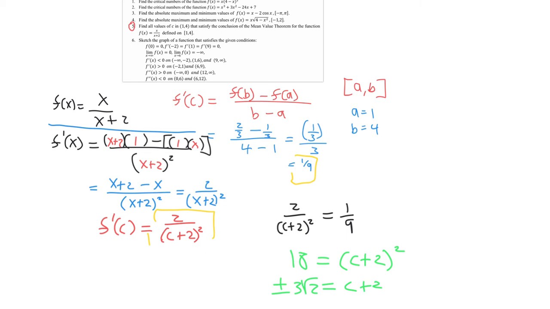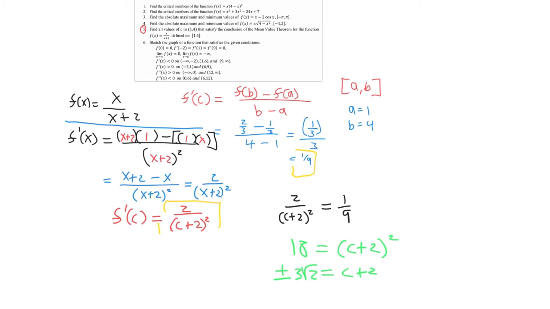Let's subtract 2 from both sides. We would end up with -2 plus or minus 3 radical 2. So that's what c equals. However, -2 minus 3 radical 2 is outside of the interval, so we're going to discard that one. And the only c value we're interested in is c equals -2 plus 3 radical 2.